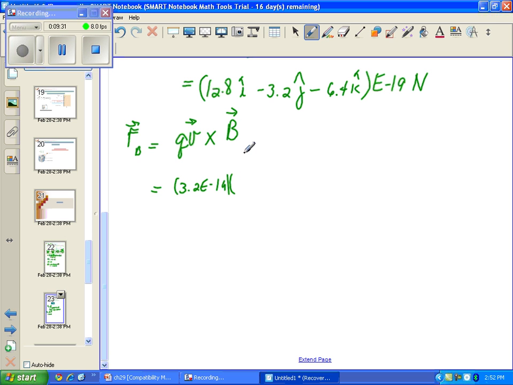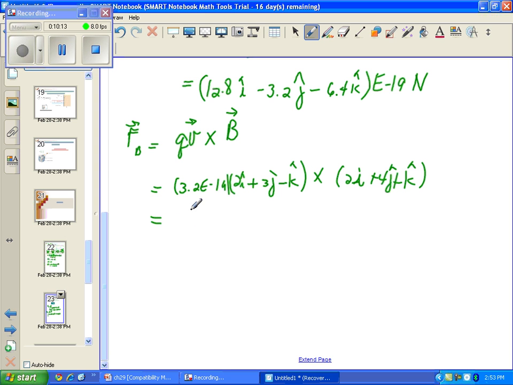We'll multiply that by V, 2i hat plus 3j hat minus k hat, and that cross 2i hat plus 4j hat, if I'm copying my numbers correctly, plus k hat. Well, we'll start with the first part, and again, I'll use the same approach. 3.2 times 2, 3.2 times 3, 3.2 times -1. And then I'll take that vector and cross it with B.